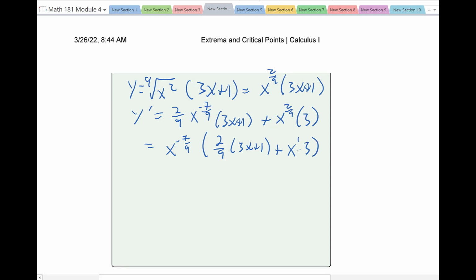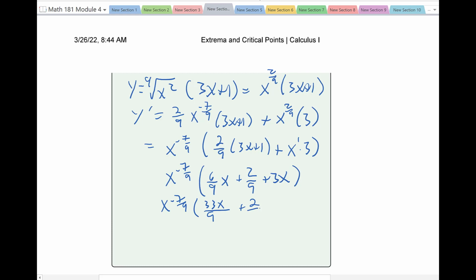So if I distribute this 2/9, I have 6/9 x plus 2/9 plus 3x. So we have x to the negative 7/9 times, 6/9 x plus 3x, that's 27 plus 6 is 33x over 9 plus 2/9.